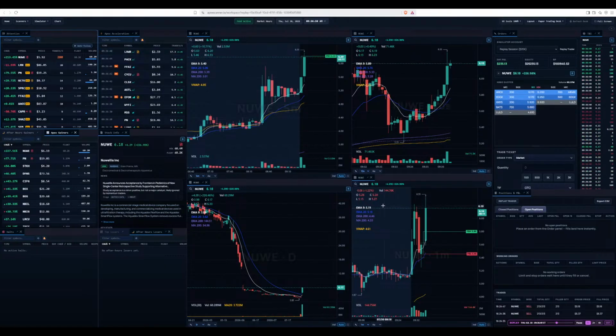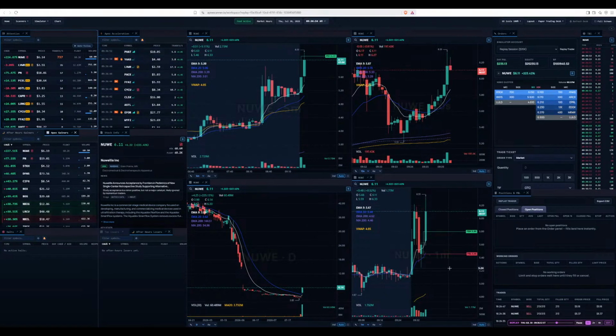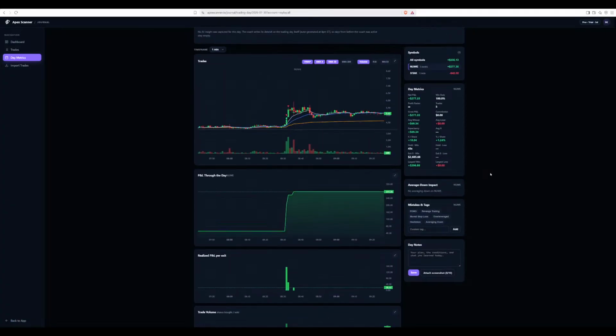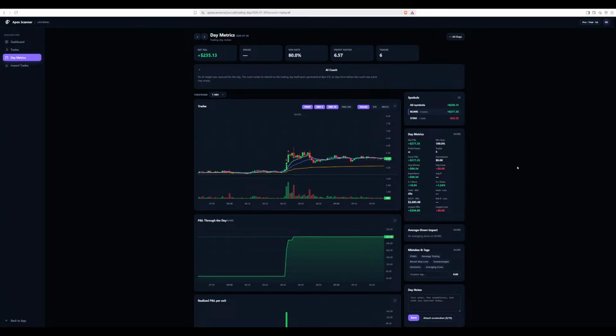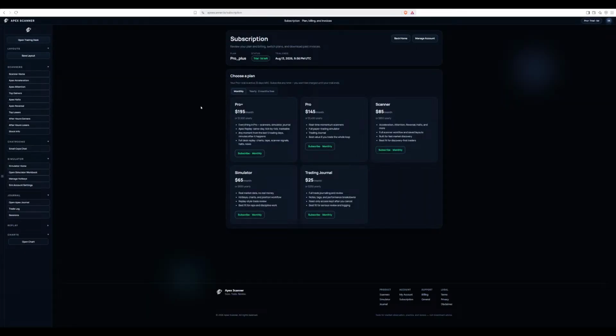You could trade a particular stock, or you could just open the whole market and practice where you're profitable, and then check your metrics inside the replay journal from the Apex scanner. Only when you're profitable, let's say for 3 months, should you even consider using real money. And like before, if you go to our plans, the first 30 days are completely free.